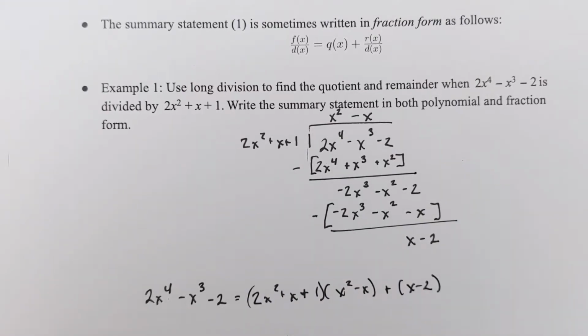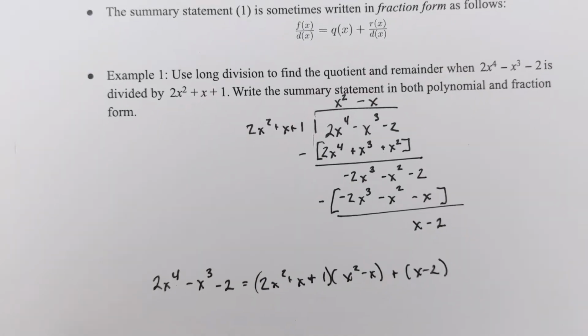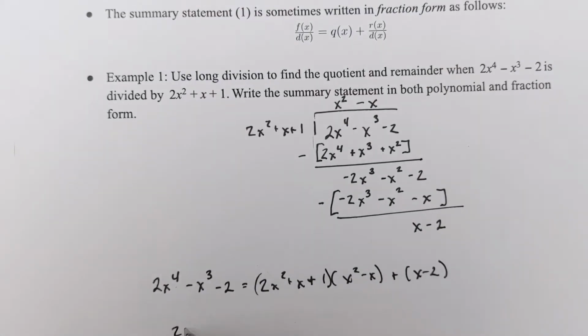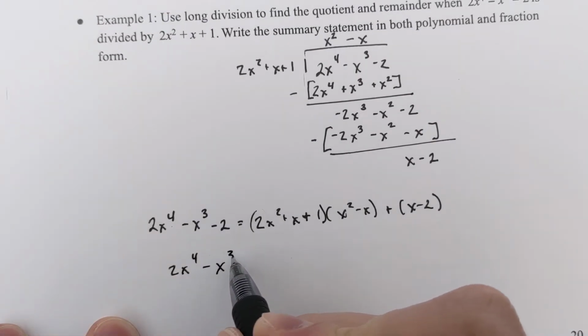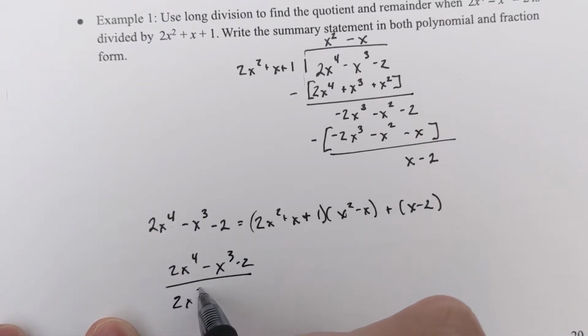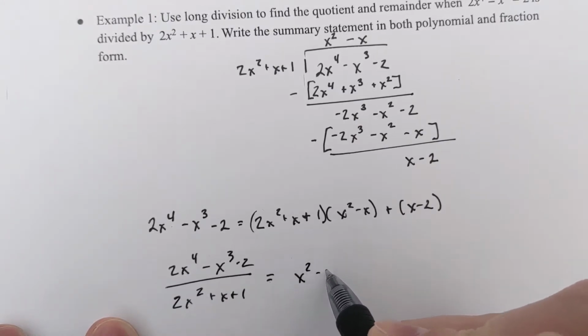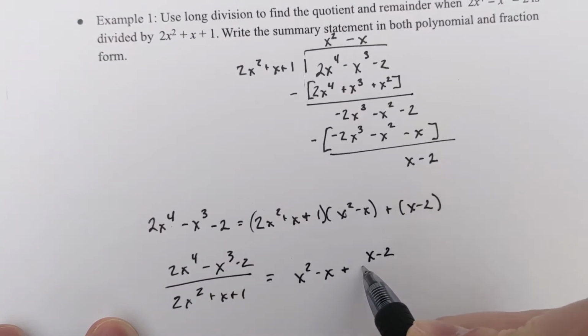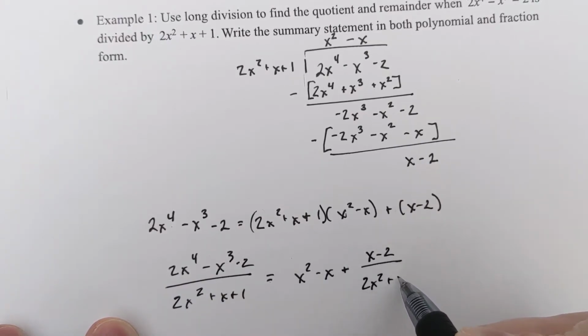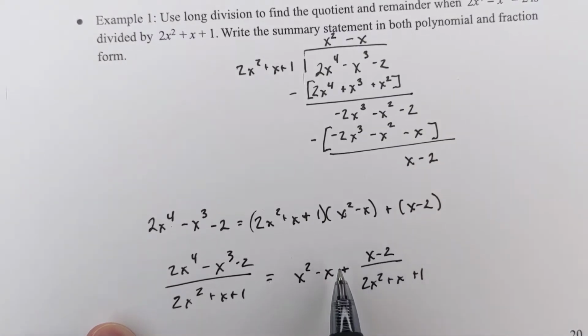Written in fraction form, it looks a little different. f of x over d of x, which is 2x to the fourth minus x cubed minus 2 over 2x squared plus x plus 1, equals the quotient function, x squared minus x, plus the remainder function over what we divided by. So these two things are equivalent. Normally you'll see it written in this form, but they are both technically correct.